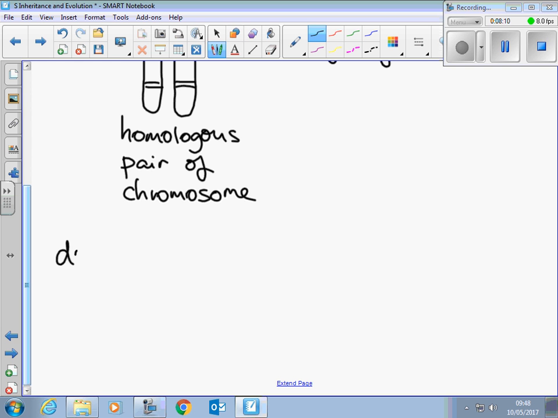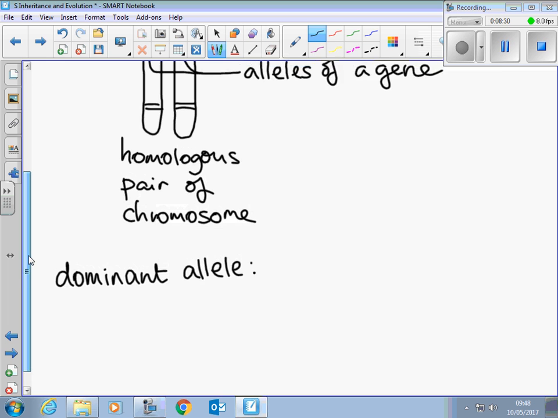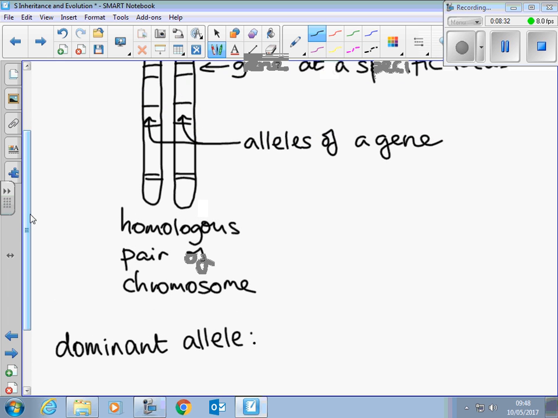A dominant allele. Now, how do we think we might define a dominant allele? Well, we would represent it with a capital letter, but it's how we define it. It does express itself, but doesn't a recessive allele express itself then? Yes, you have to have 2 of them.